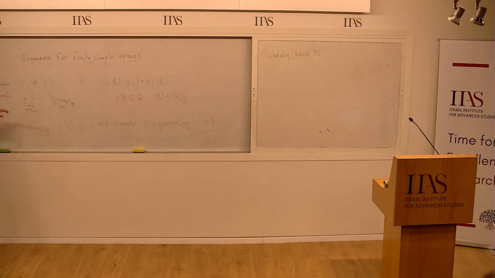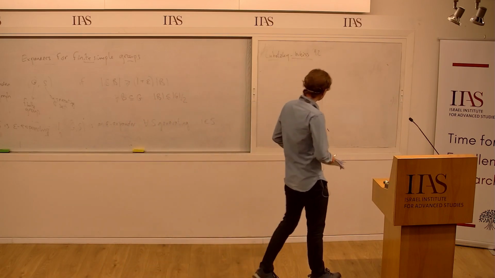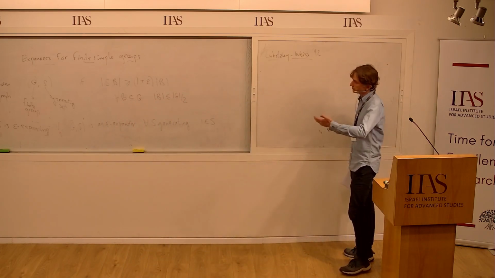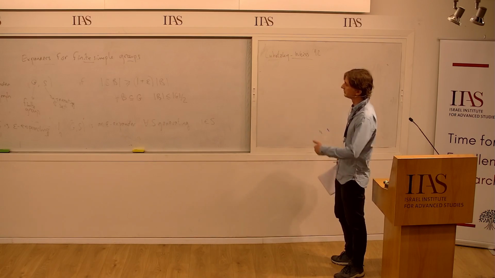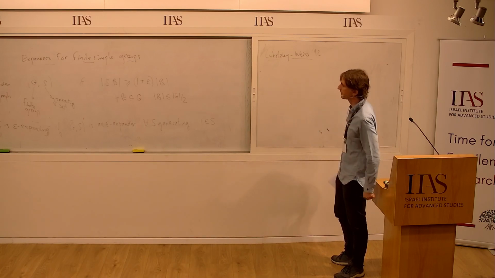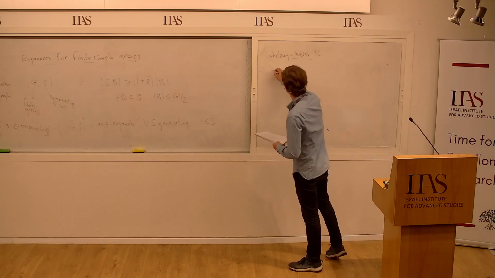In other words, can you find families of groups that are expanders with respect to one set of generators and maybe not expanders with respect to another set of generators? Or can you find families of groups for which they are epsilon expanding for some fixed epsilon?